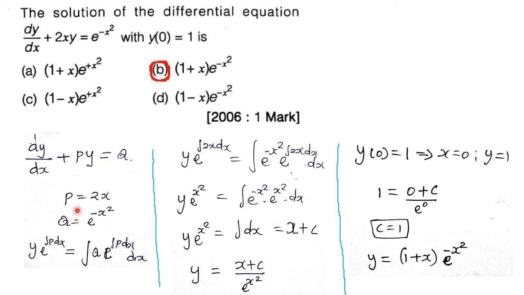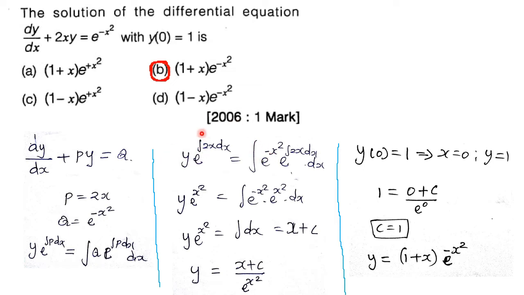Instead of p, we substitute 2x, and instead of q, e power minus x square. So p is replaced by 2x on both the LHS and RHS, and q is replaced by e power minus x square.